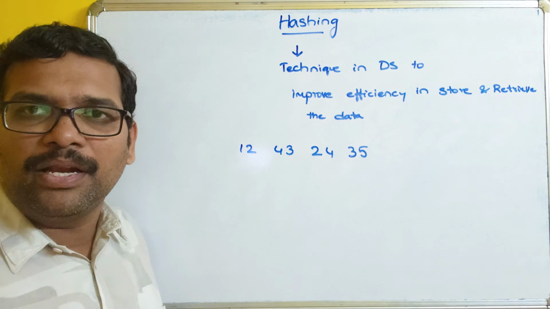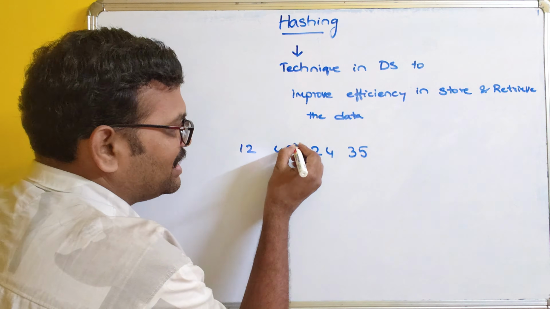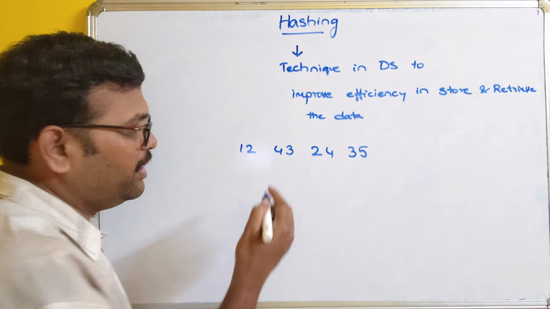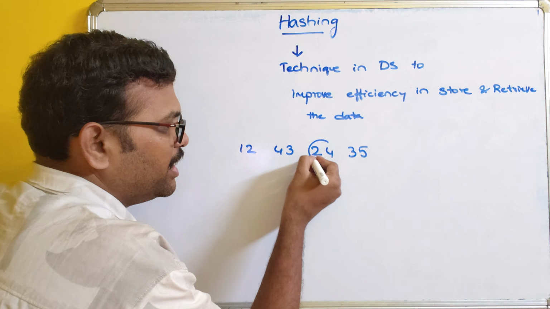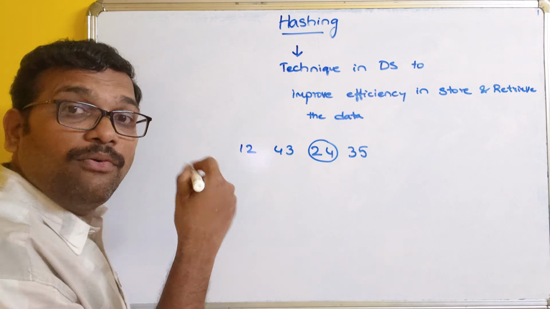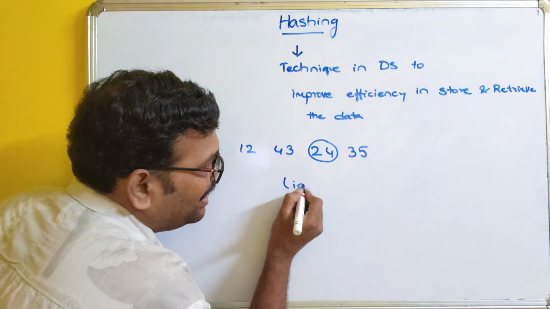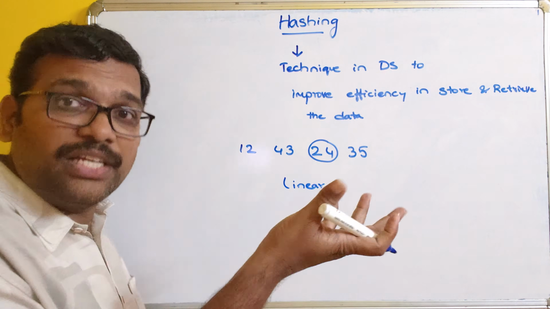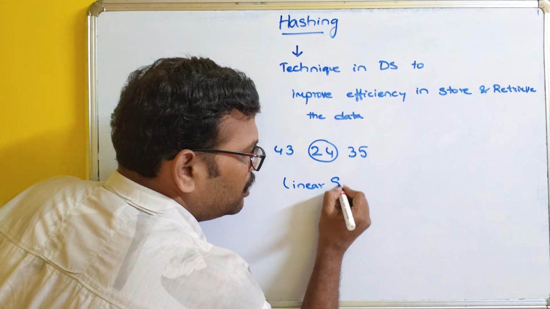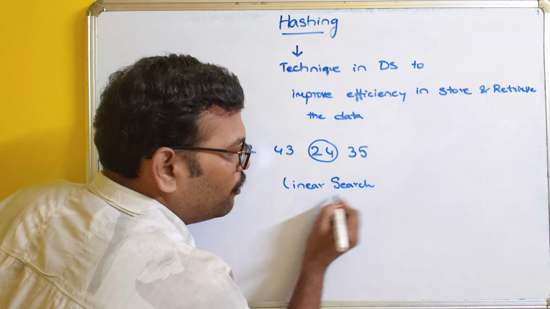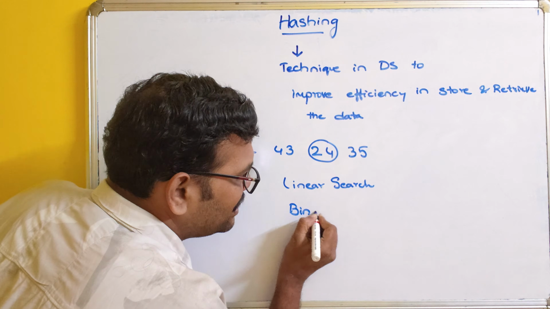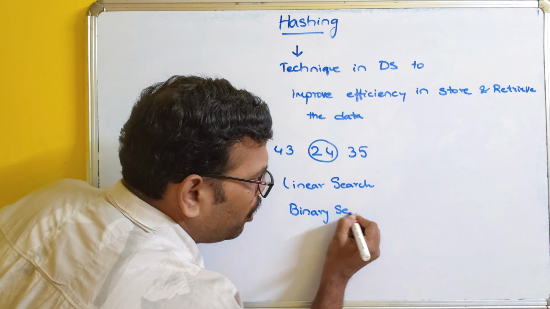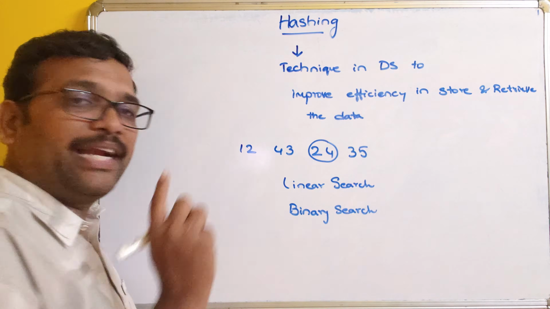If you want to search or retrieve this data, we have to go with either a linear search or a binary search. We have studied all these concepts in our previous session in data structures.